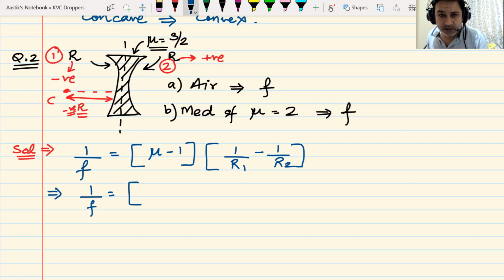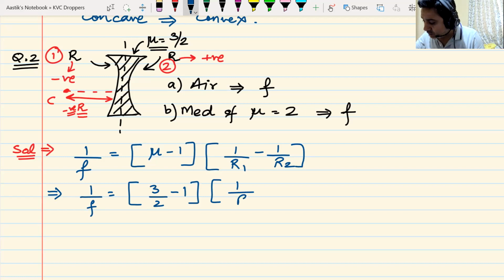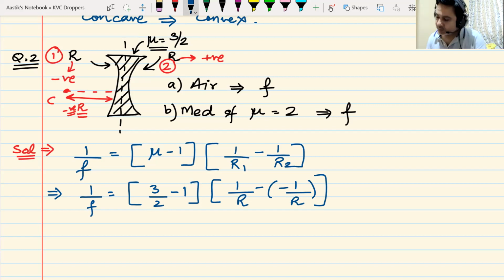I have to find its focal length in air, so I use the value of mu as 3 by 2, minus 1. 1 by the value of R1, which is plus R, minus 1 by minus R. Do we understand this, beta? Yes, sir.